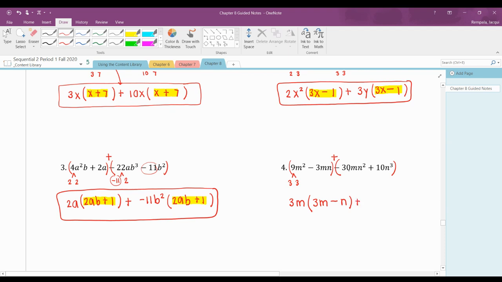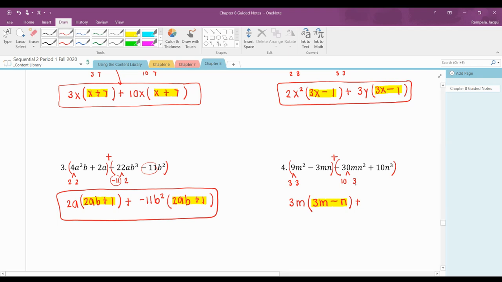Now I have negative 30 and positive 10. So I need to figure out what do I need to take out of those two numbers. 10 is smaller than 30. I can multiply 10 times something to get 30. It's 10 times 3. Here's the thing. I need to have my second parenthesis turn into 3m minus n.